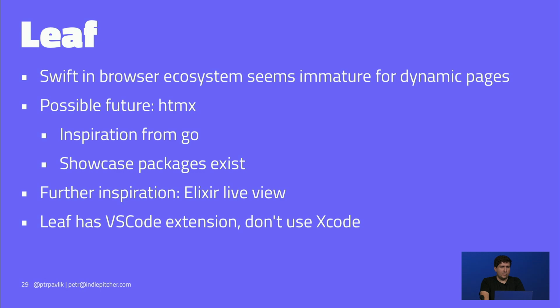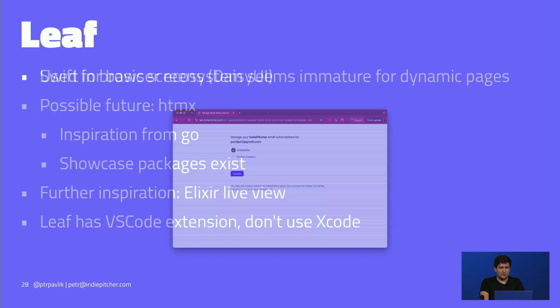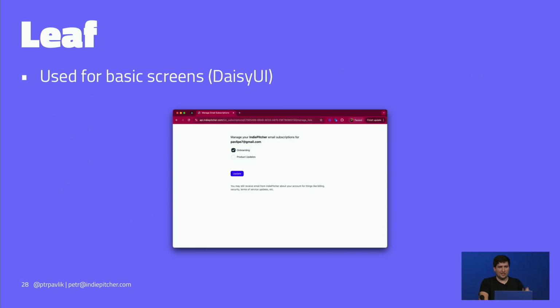So basically, Vapor and front end. Yeah, I really wouldn't go beyond static pages or simple things like I just showed you here, which is basically one button that does the post request.